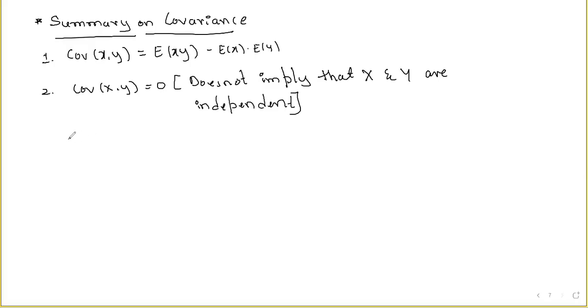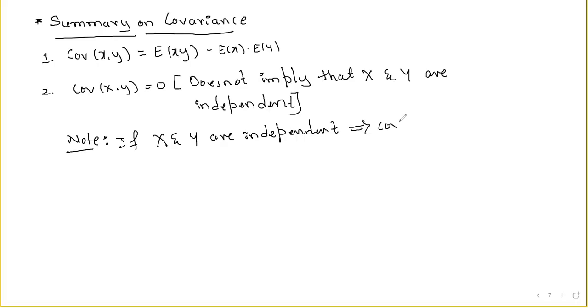See, if X and Y are independent, this implies covariance of XY equal to 0.